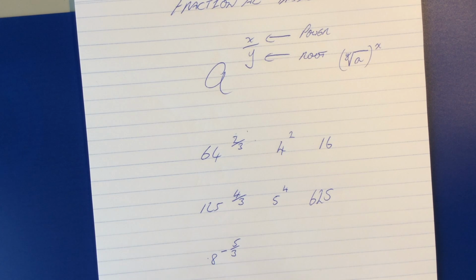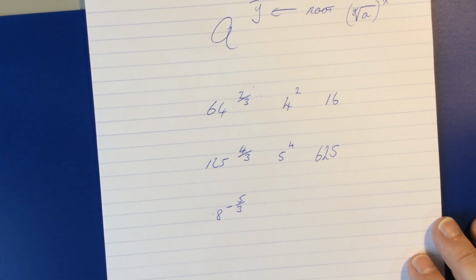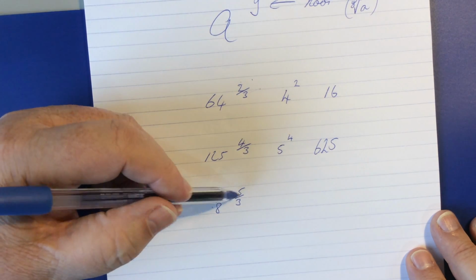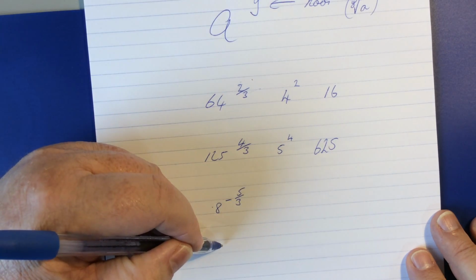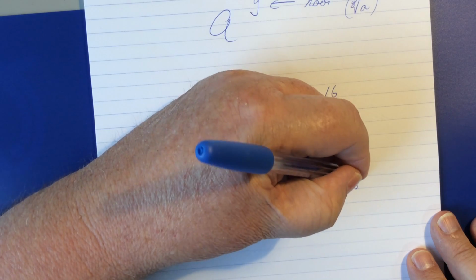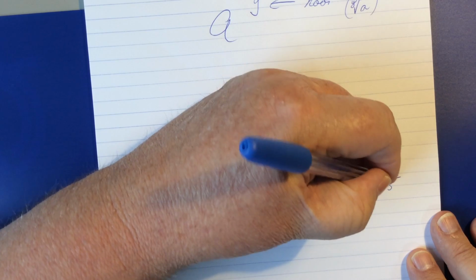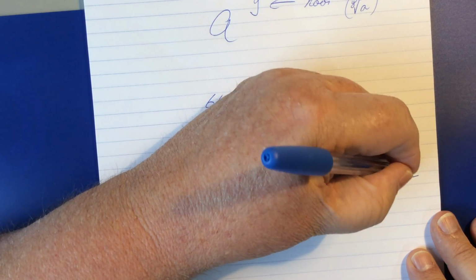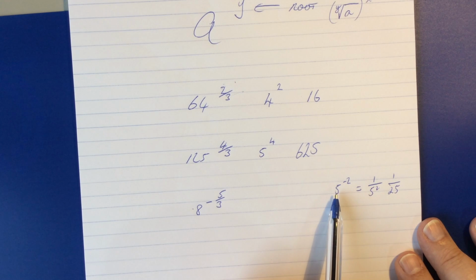So that's what we do with positive indices. It's not too much different with negative indices. Where you've got a negative index, for example, if we have 5 to the power of negative 2, we know that that is 1 over 5 to the power of 2, or 1 over 25. So, sorry, just let me get that back in focus.